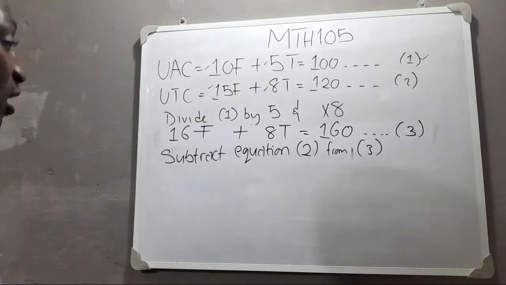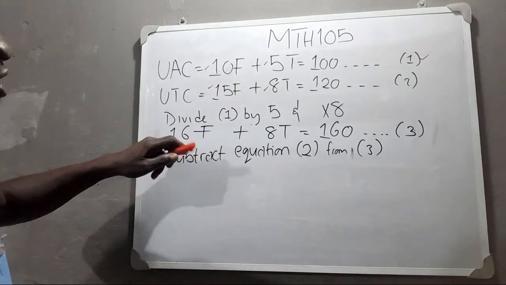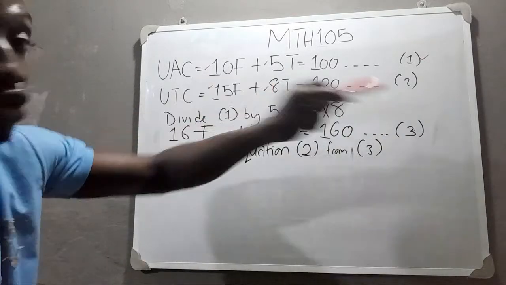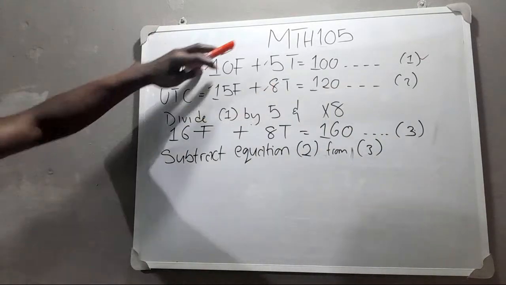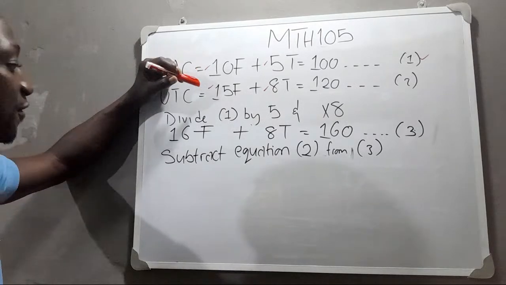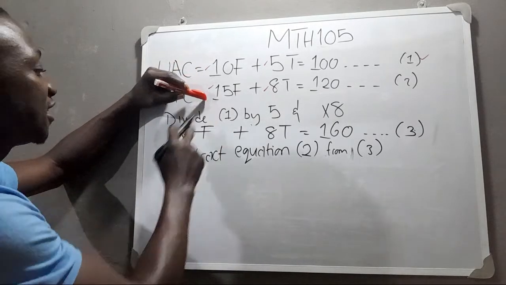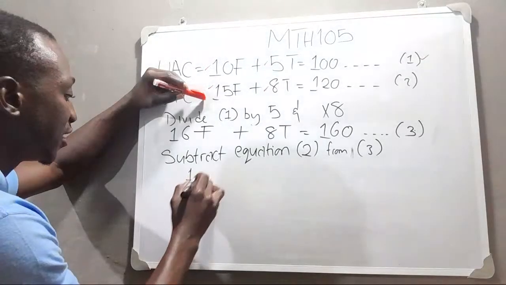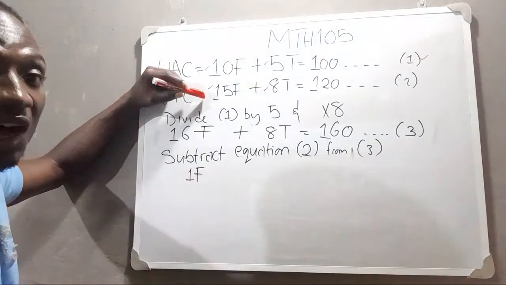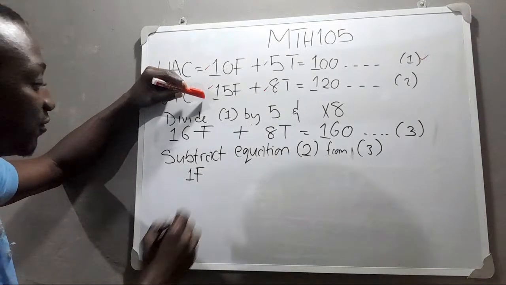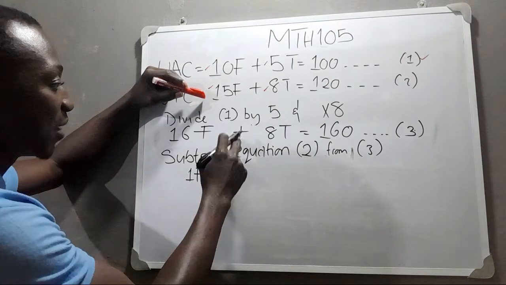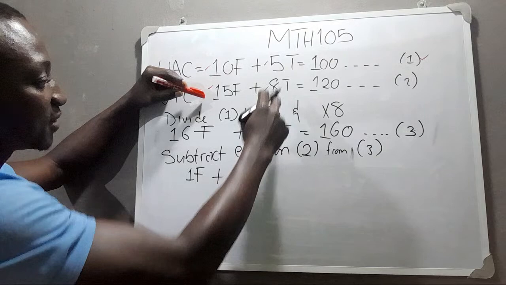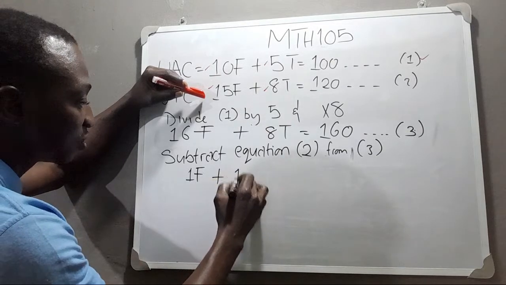Now this is what we are doing. This is equation 3, this is equation 2. Now equation 2 says 15 minus 16f. That means we have 1f. Are we together? 1f plus, this plus sign we bring it down. 8 minus 8, that one just gives us 1t.